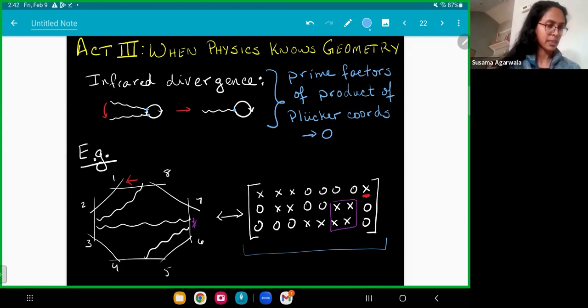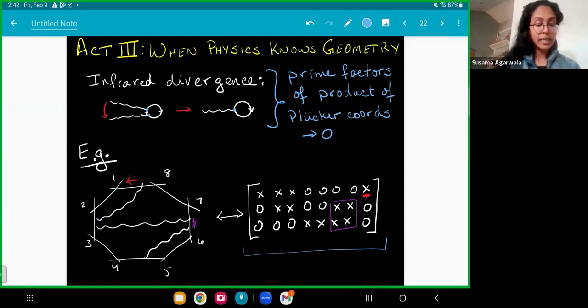So if I take this propagator here, and instead of drawing it supported on 1 and 8, I draw it supported only on 1, that corresponds to setting that variable to 0, because it's no longer supported on 8. It's just supported on 1. So I shouldn't have a variable in 8.